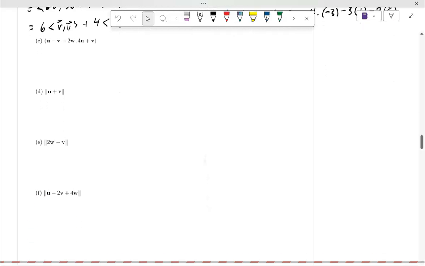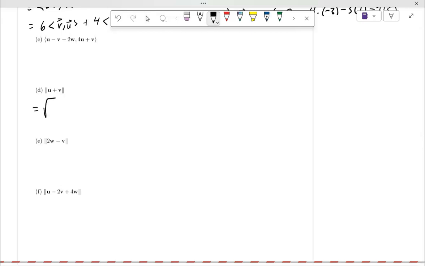Let's look at the one of these with a sum in it. Again, this is the square root of the inner product of the vector with itself. What might you do next, do you think?